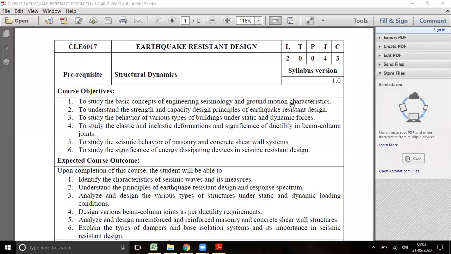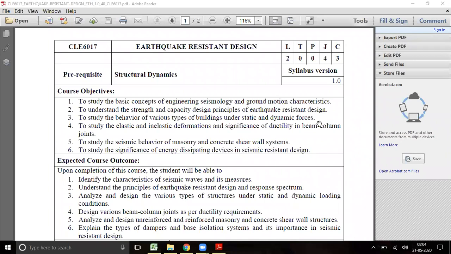Once the earthquake has occurred, what is its magnitude, and in what form it is being measured, either in terms of magnitude or intensity. And in what form we are referring in our country code, based on which measurement the earthquake is being measured in our country code. That will all come under engineering seismology and ground motion characteristics.